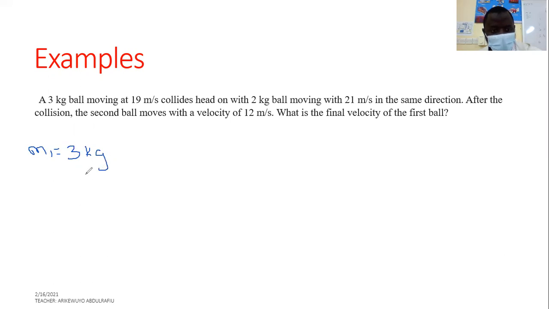Now, my v initial, the initial velocity of the first ball, is equal to what? It's 19 meters per second. Can you see that now? Now, it collides head on with a 2 kg ball. So the second ball has a mass of 2 kg. I want to call that m2 is equal to 2 kg.